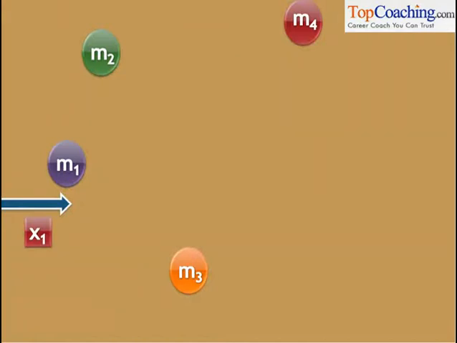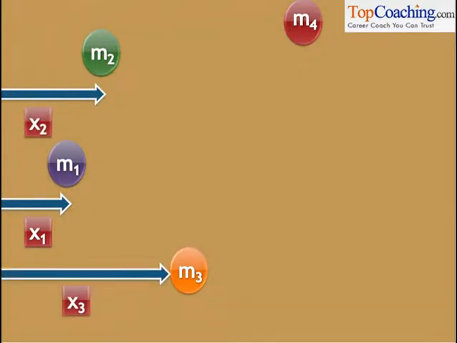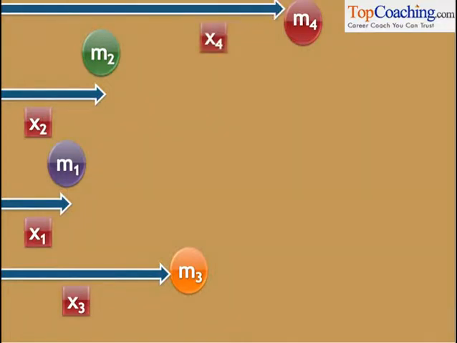In this case, mass m1 is situated at a distance x1 from the origin, mass m2 is situated at a distance x2 from the y-axis, mass m3 is situated at a distance x3 from the y-axis, and mass m4 is situated at a distance x4 from the y-axis.